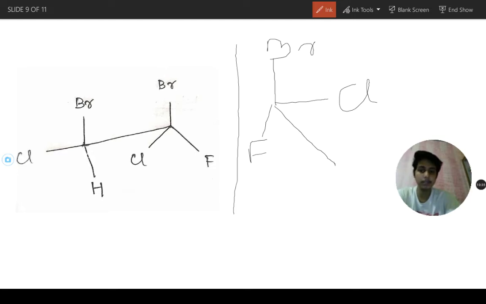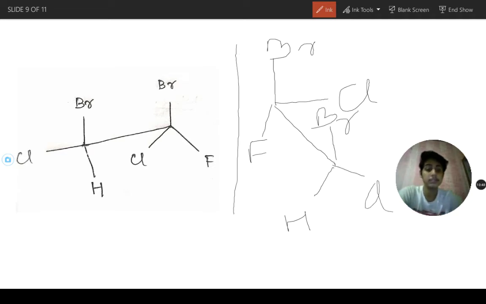See, this carbon we have just turned, and now you see the hydrogen is connected over here, the bromine going towards the top and the chlorine here. Just the mirror image. If you take the mirror image of it and try to fit it on the original image, then it will not superimpose.